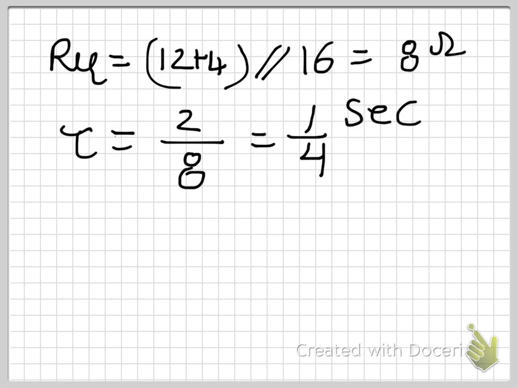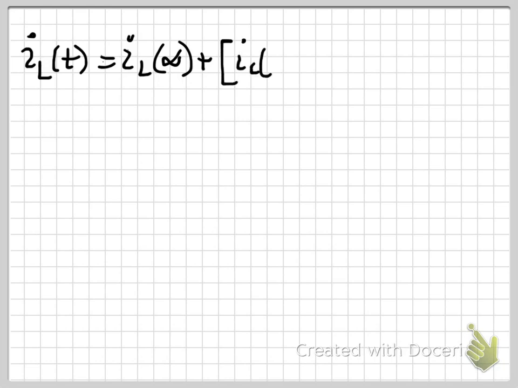Step number 7 is to put the values in the final equation. So the final equation was IL t equals IL infinity plus IL 0 plus minus IL infinity, times e to the power negative t over tau.